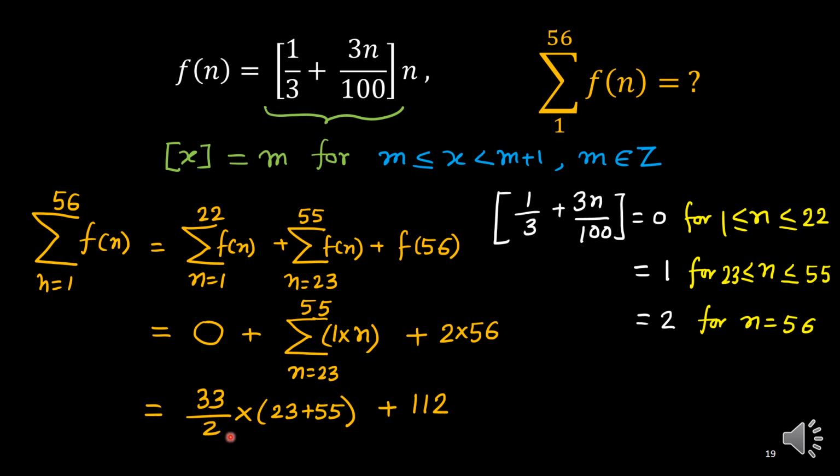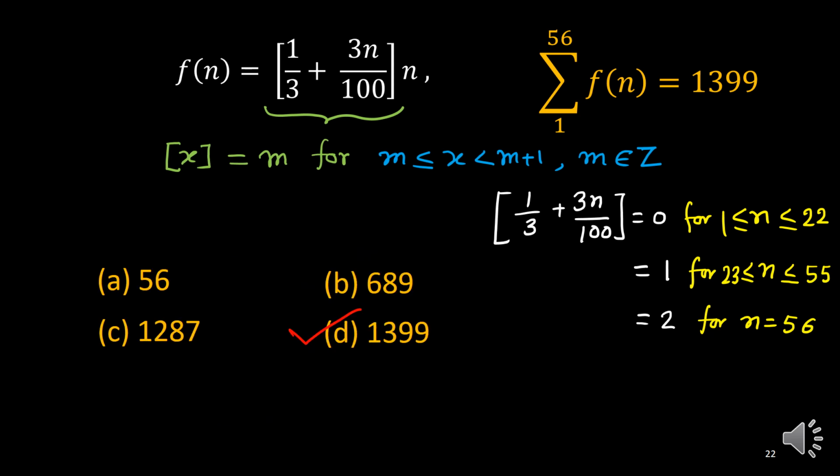So if you simplify this one, you will get 1399. Thus, the summation value is 1399, and these are the 4 choices given. So you can see that option D is correct, 1399. So we have solved this problem.